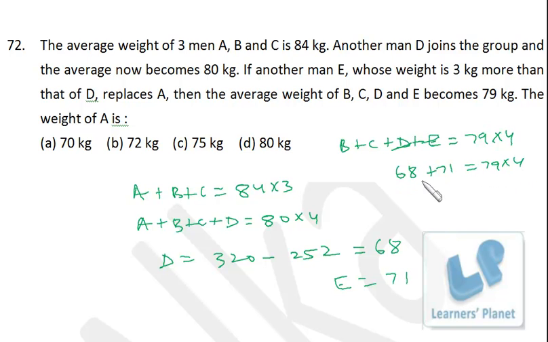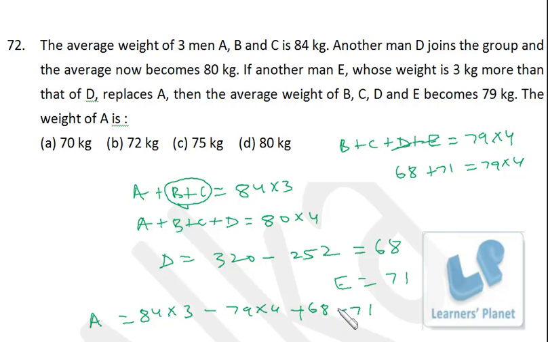So B plus C is equal to 79 into 4 minus 68 minus 71. That we can put over here, and the only unknown quantity is A, that can be calculated. So A is equal to 84 into 3 minus 79 into 4 minus 68 minus 71.